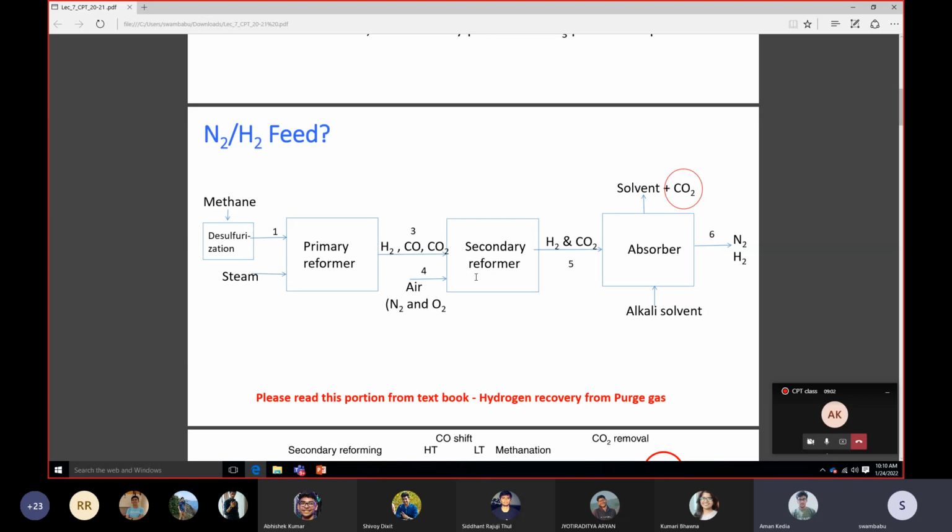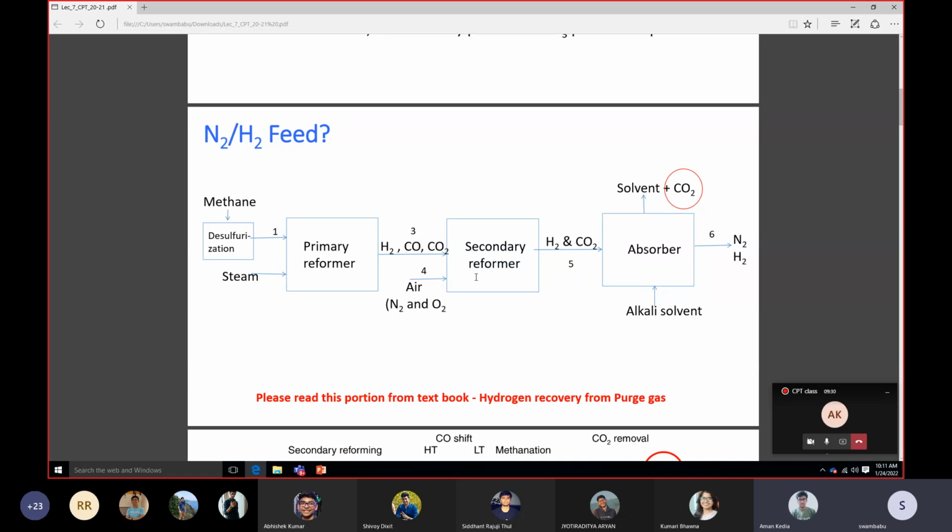In the secondary reformer, the syngas coming from the primary reformer reacts with air. Primarily the syngas reacts with the oxygen in the air, because nitrogen is an inert component. It won't react with carbon monoxide or hydrogen.